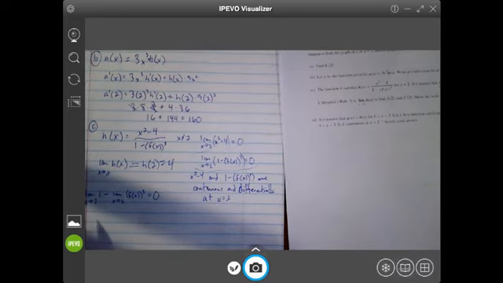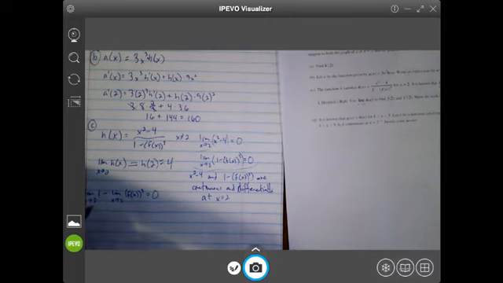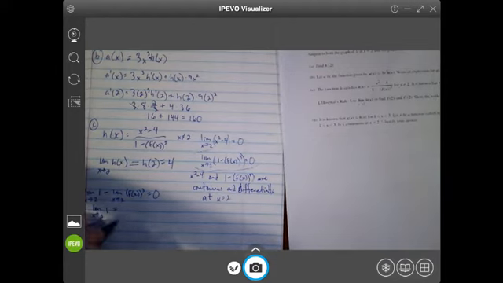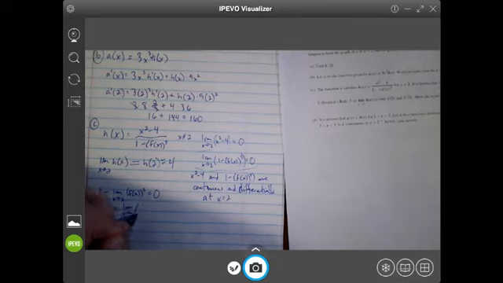So we can split the limit. Then the limit as x approaches 2 of 1 must equal the limit as x approaches 2 of f of x cubed.